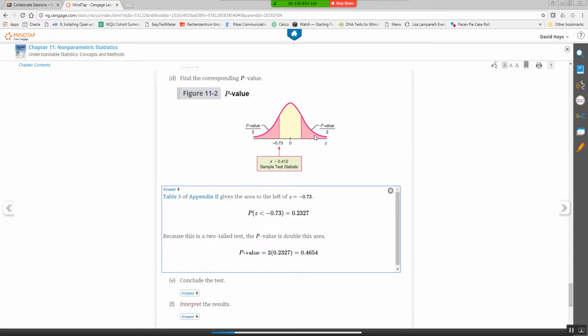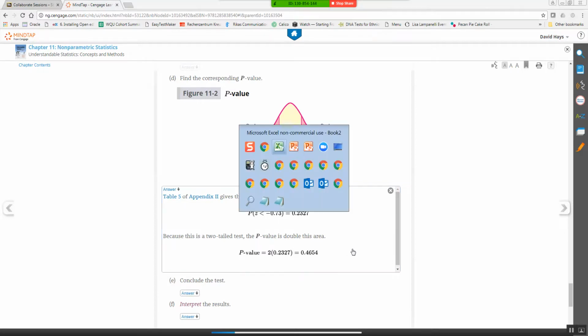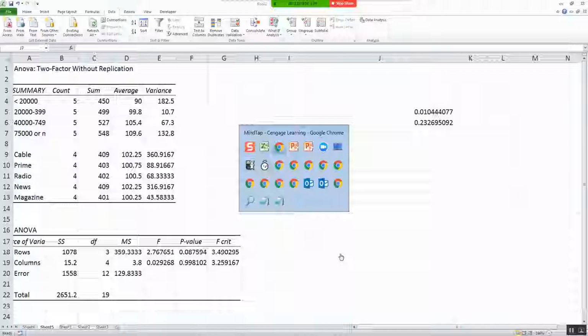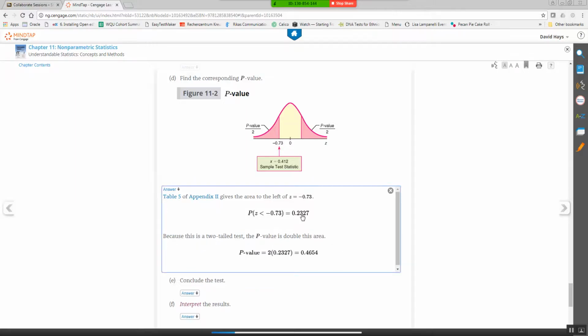Since this is two tails, once you come up with your p-value here, you have to multiply it by 2. So if I were to put that in my calculator, p-value equals NORM.DIST negative 0.7301, true. You see it gives me my 0.2327. This right here.